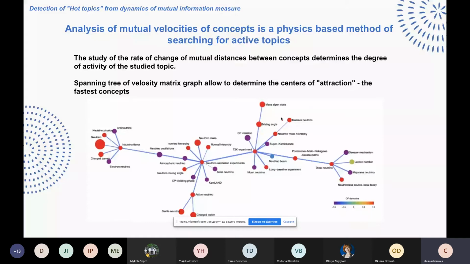So for example, for 2017 to 2018, certain concepts are actively getting closer, and we may find these groups of concepts. And each of these stars can be considered as a hot topic because we have the fastest concepts which change their positions a lot.